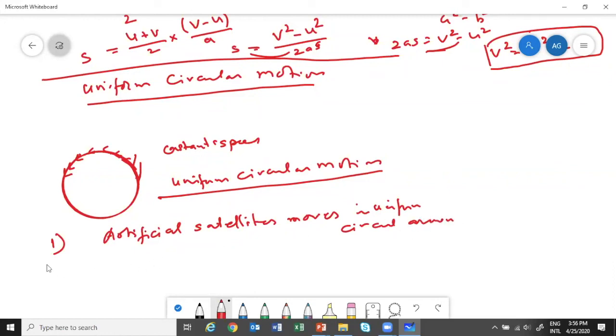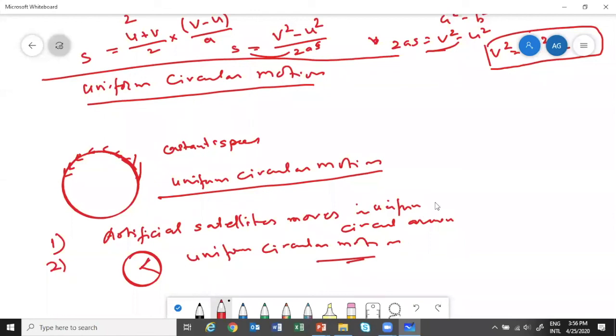What are the other examples? The moon moves in uniform circular motion. The Earth moves around the sun in uniform circular motion. An athlete moving on a circular track with a constant speed. And a watch hand is also moving with a uniform speed. So these are all examples of uniform circular motion.